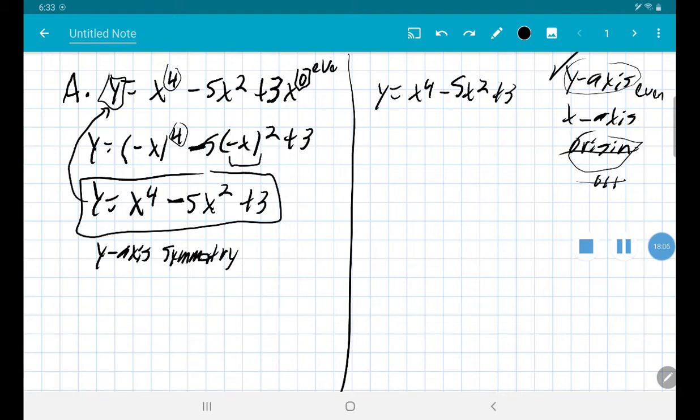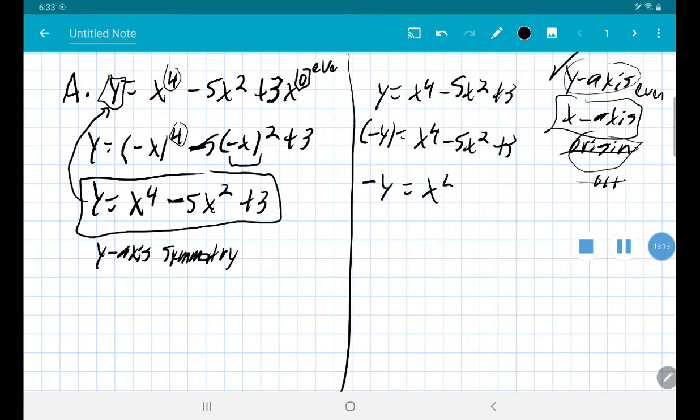So for x-axis symmetry, I'm going to replace the y with negative y, which gives me negative y equals x to the 4th minus 5x squared plus 3.